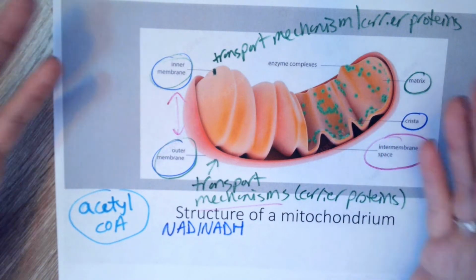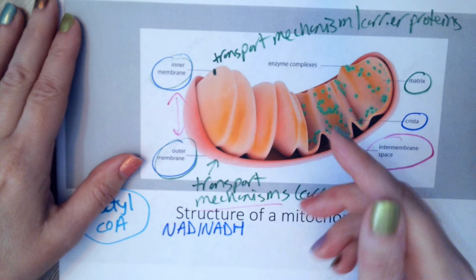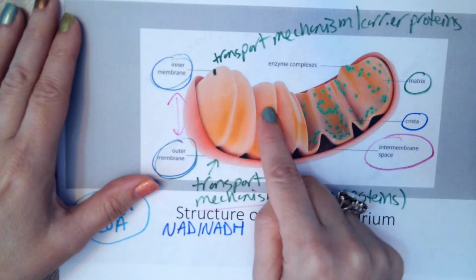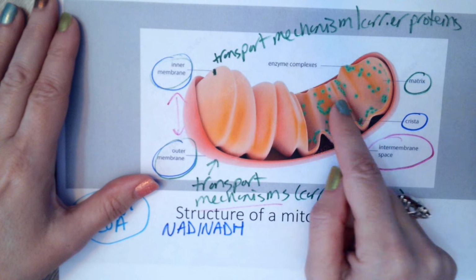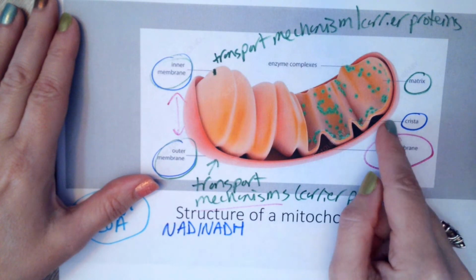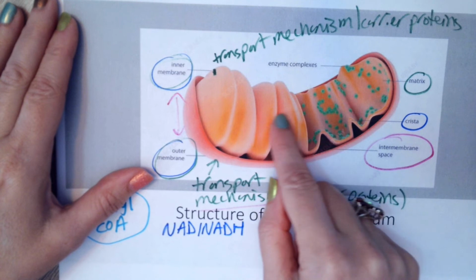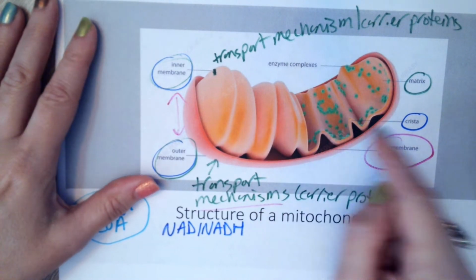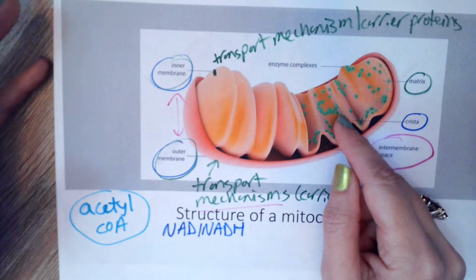Now, within the matrix, as part of the inner membrane, but on the inside of that inner membrane, you can see how it's all ridged. That inner membrane is just folded and ridged. Those ridges are called cristae. So here it says crista, pointing at just one ridge, but the plural for that would be cristae. And embedded on those are the proteins for the electron transport chains.